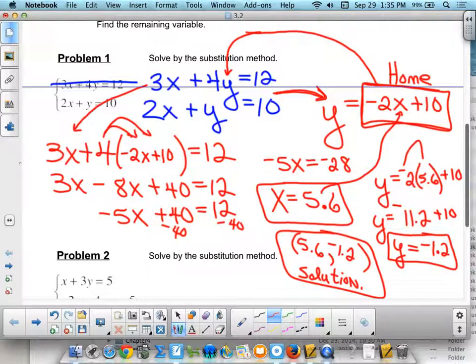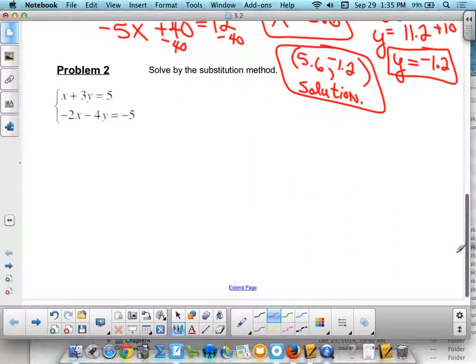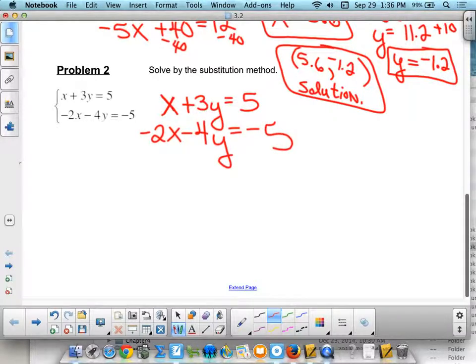Okay, number 2. This is more you than me. See what you can do by yourself now. It is the same difficulty level. There's nothing hard about that one compared to this one. I will give you about a minute head start. Okay? If you don't know where to start, go look at the instructions.